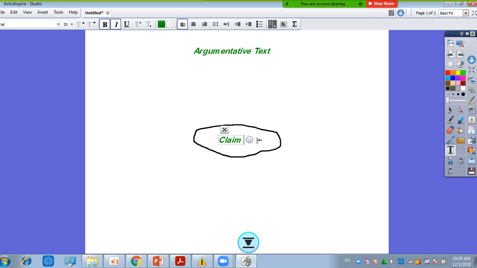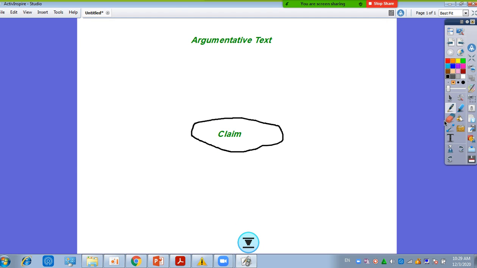What is the claim? The claim is the belief that you want to persuade your reader with, the point of view that you want to persuade your reader with. The claim would be introduced in the introduction of your text. This is the thing that you believe in, or your point of view or your opinion.